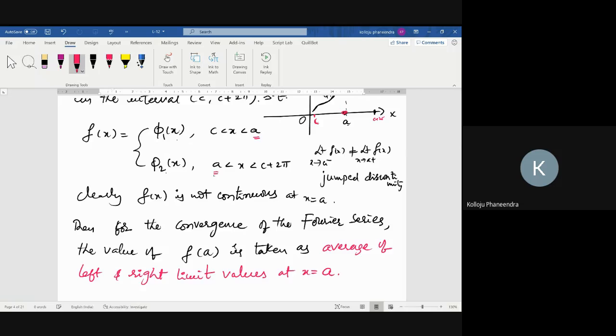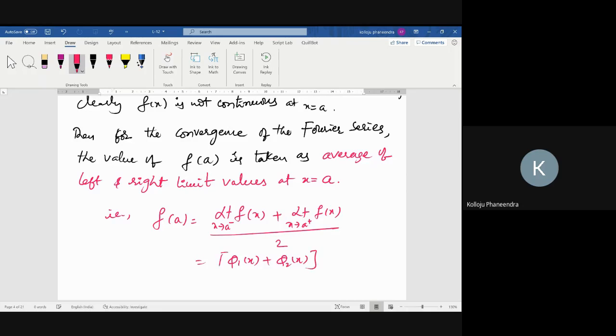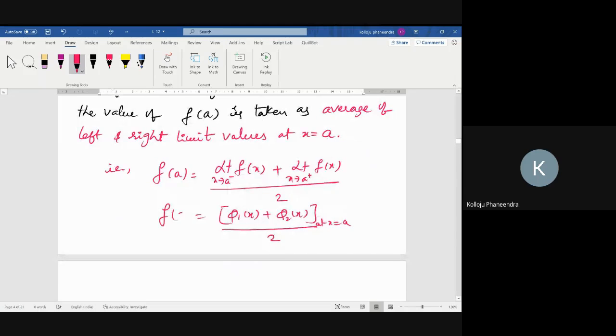That is, f of a is taken as limit x tends to a minus of f of x plus limit x tends to a plus of f of x, whole by 2. Nothing but phi 1 of x plus phi 2 of x at x equal to a, whole by 2. This is f of a.